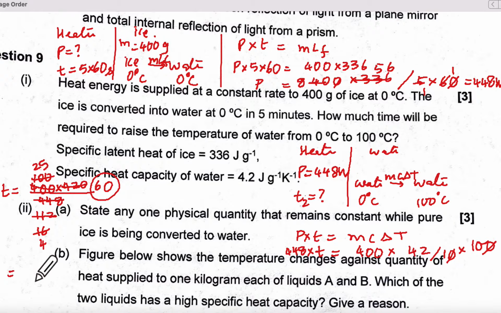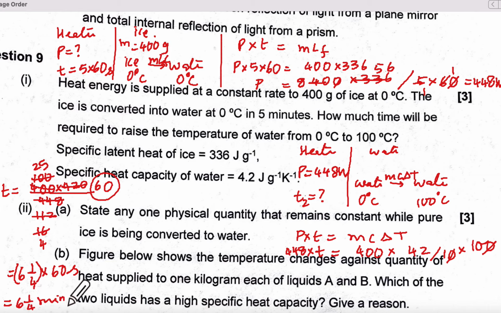So 25 upon 4 means 6 1/4, no? Yes, sir. 6 1/4 into 60 seconds means it is 6 1/4 minutes.